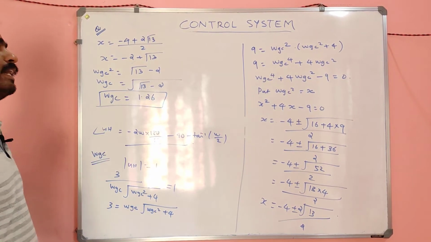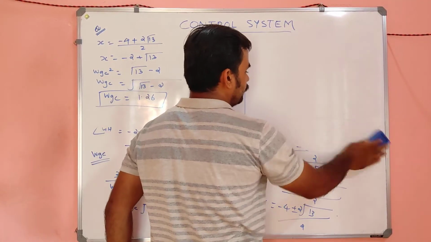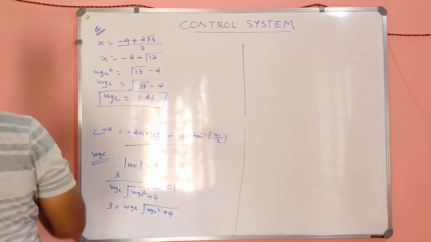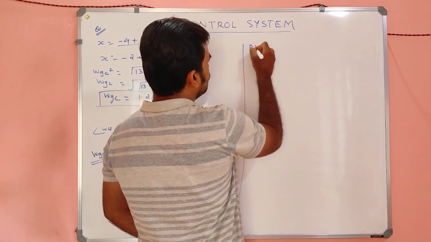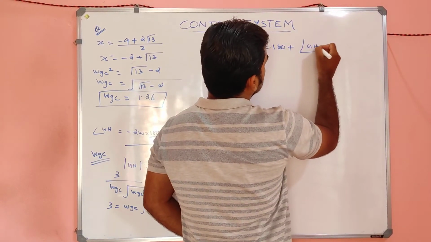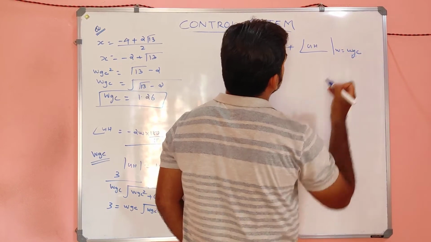1.26. So you have to calculate the phase margin, am I right? What is the equation for phase margin? Phase margin is nothing but 180 plus angle of GH at omega equal to omega GC, the gain crossover frequency.